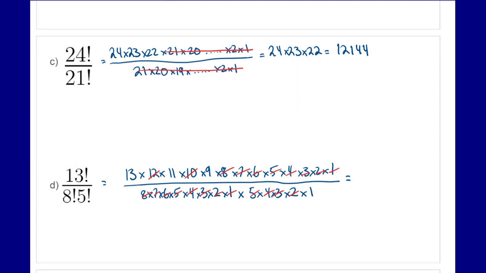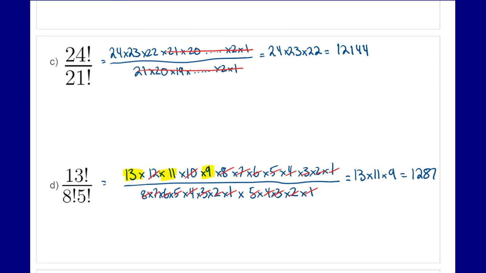Dividing by 1 doesn't really matter, so let's get rid of that. So all that's left is 13 times 11 times 9, which is 1,287.